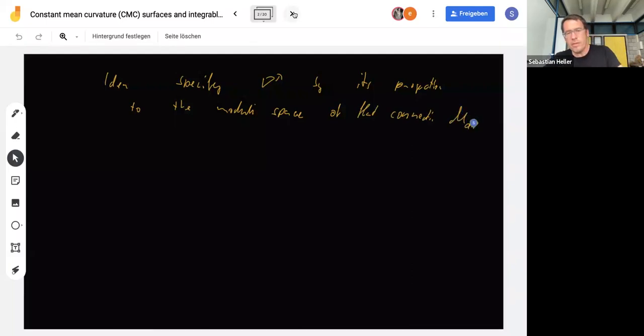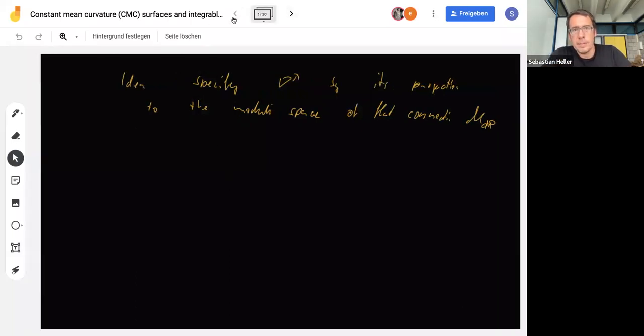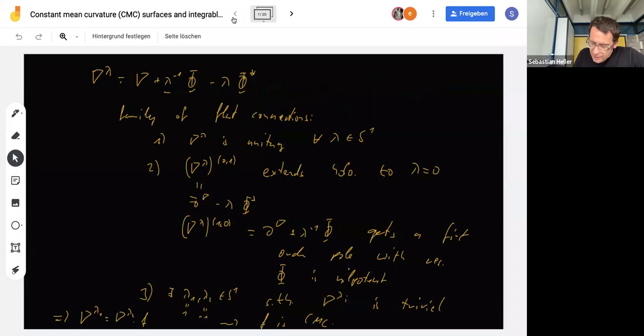The problem with this is that we get certain kinds of singularities. Even if the 0-1 part extends nicely to lambda equals 0, the 1-0 part gets a first order singularity. So if we just go to the moduli space, it means that we have a very complicated situation, or at least it's hard to understand exactly what the monodromy does.